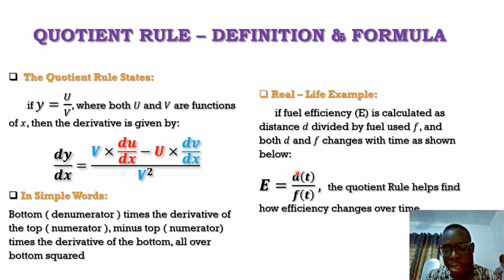They are distance that changes with time and fuel used that also changes with time. So we are supposed to find the fuel efficiency. The quotient rule can help us find how efficiency changes over time in this particular example.